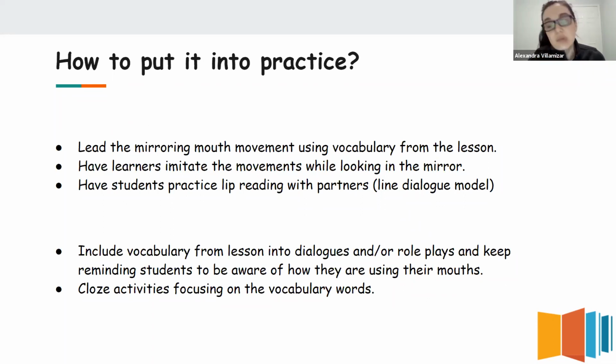In my case, when I was learning English, in Spanish we don't have that TH sound. So I had to learn to put my tongue between my teeth and then kind of blow to make that sound. For me it was challenging because I never had to do that while speaking Spanish.